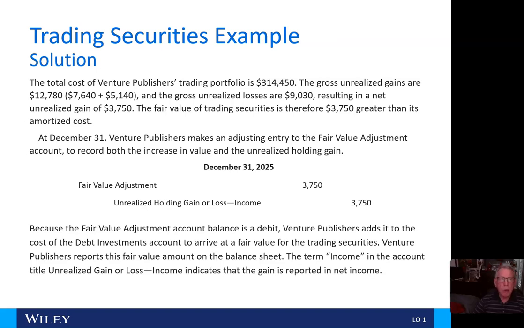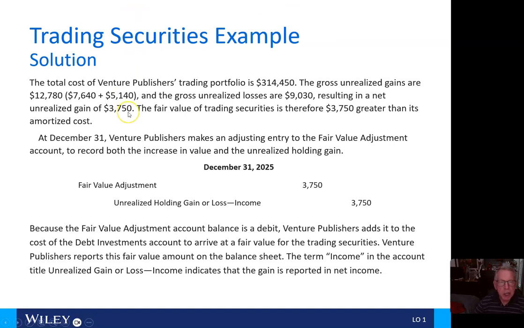The gross unrealized gains are $12,780, and the gross unrealized losses are $9,030. And so that results in a net unrealized gain of $3,750. The fair value of the trading securities is therefore $3,750 greater than its amortized cost.